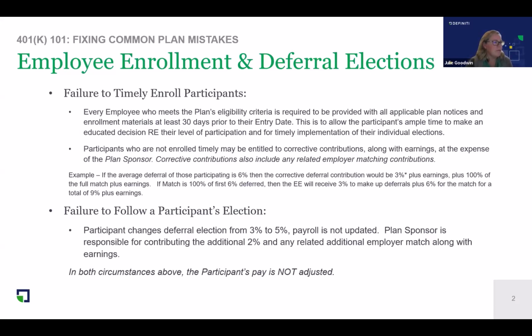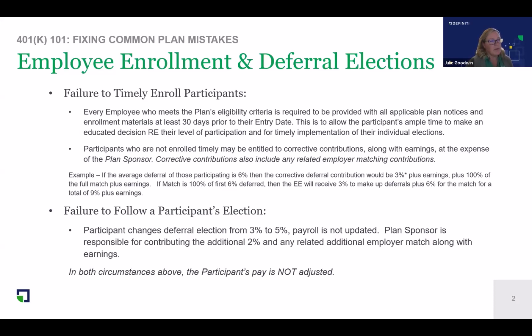Every employee who meets the plan's eligibility criteria is required to be provided with all applicable plan notices and enrollment materials. This is true regardless of whether the employee intends to participate or eventually chooses to not defer into a plan. Even if a participant does not choose to make deferrals, they may otherwise qualify for employer non-elective contributions such as a safe harbor contribution or a profit sharing contribution.